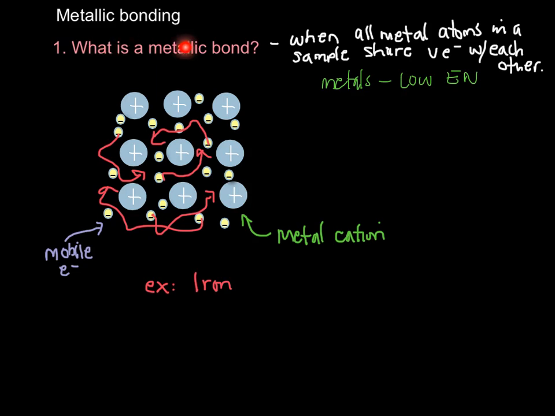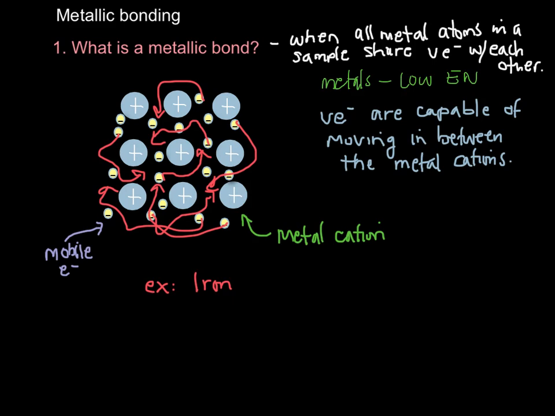So we'll define a metallic bond as when all the metal atoms in that sample share all their valence electrons with each other. This is different than a covalent bond, because a covalent bond would just be two atoms sharing electrons between them. In this case, all these electrons are capable of moving in between the spaces of all of these other atoms. So the cations are in place while the electrons are mobile and moving in between those spaces.